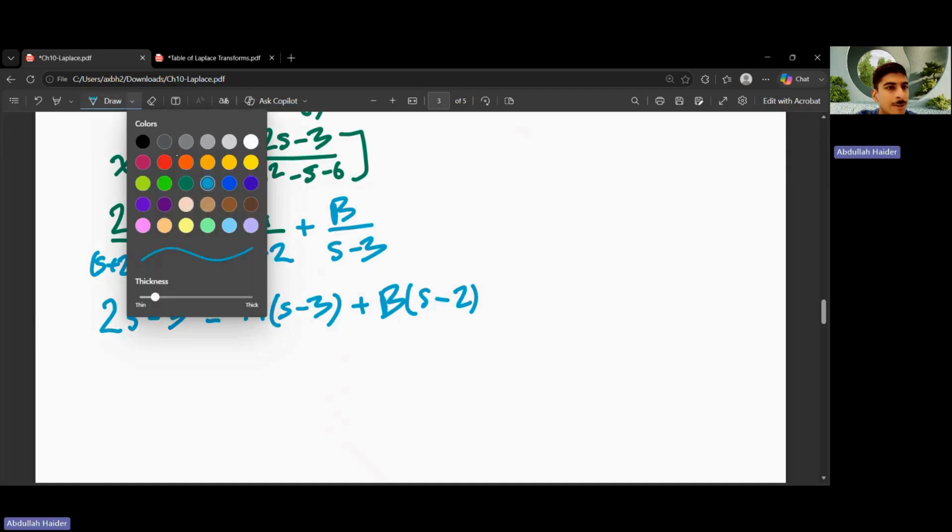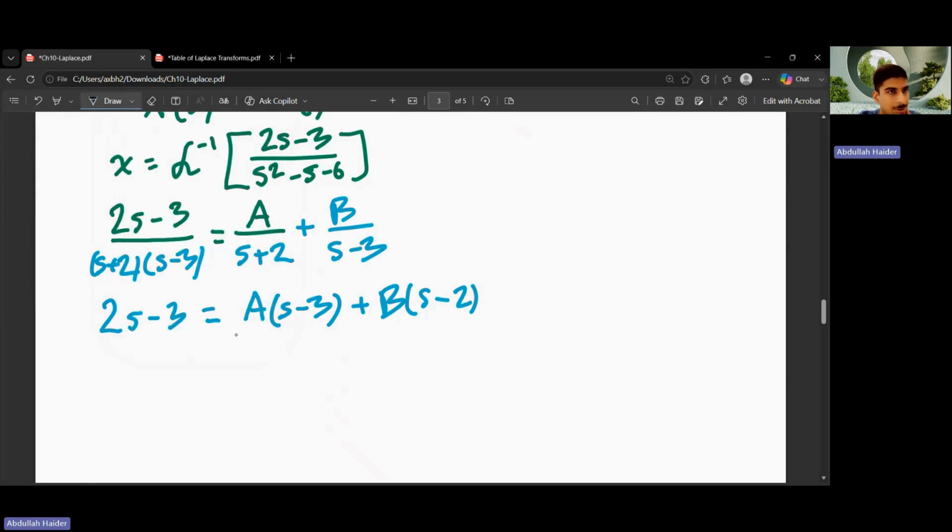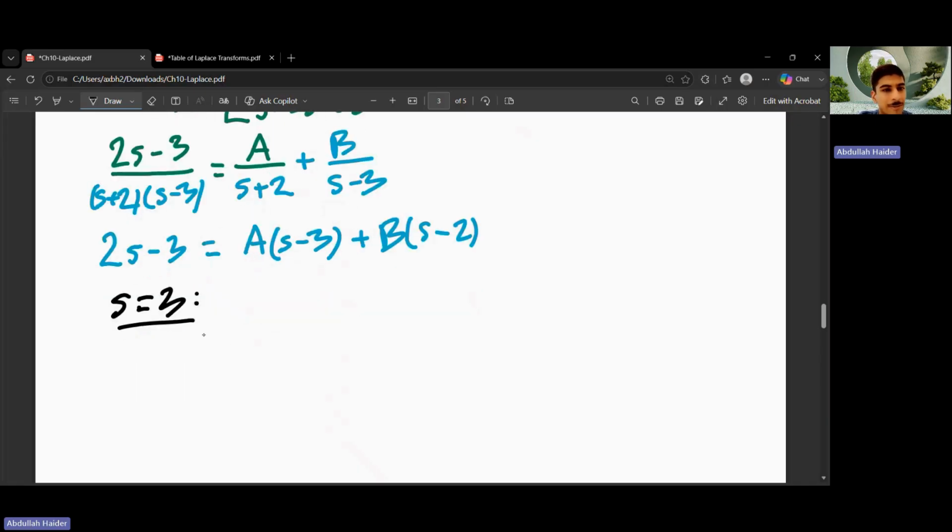So in calculus 2, you might have learned something which is basically using one of the rules to find partial fractions. Like if I use s equals 3, then A times 3 minus 3 will cancel out, and then you can find B easily.